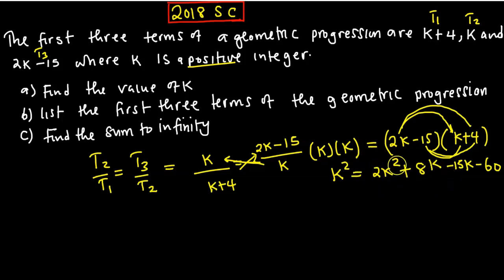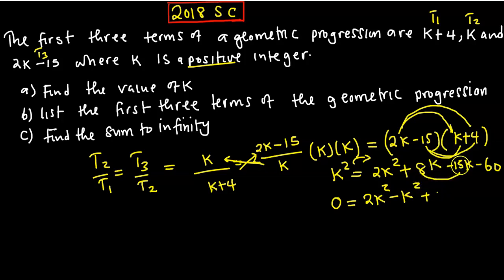So you can bring this one this side and it becomes negative. So it will be 0 equal to 2K square minus K. I've just brought the K this side. Then plus 8K. Here also they are like terms, 8K and 15K.